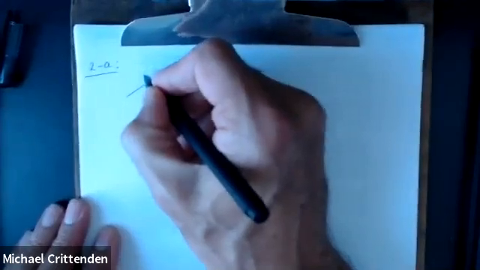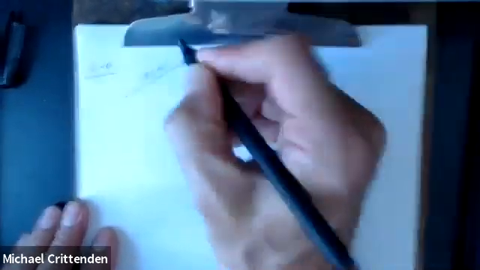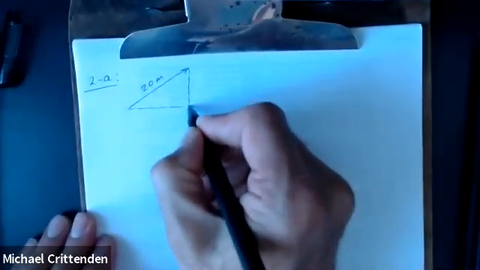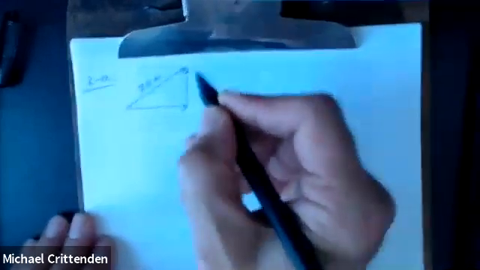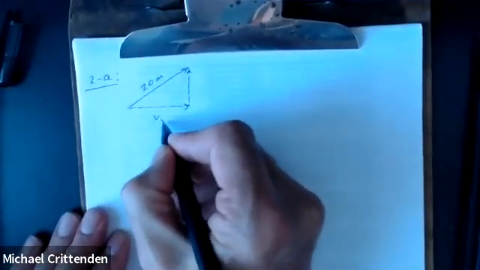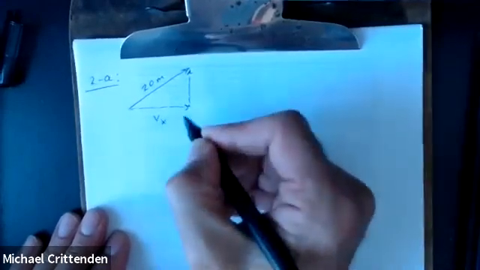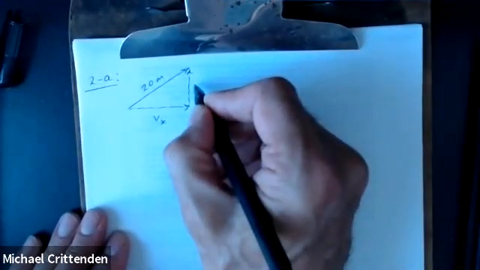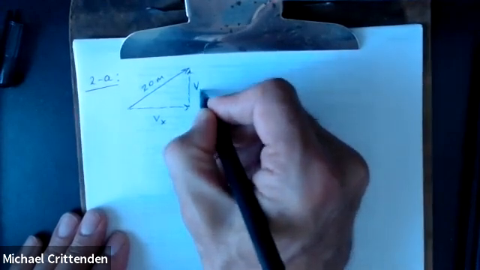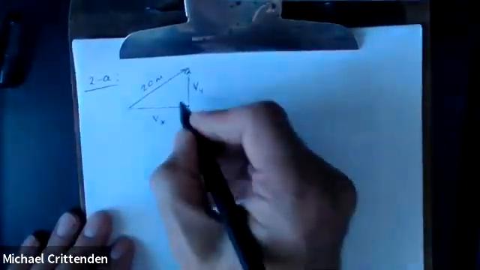So I've got the 20 meters and the X component. Its length is what I'll call Vx, V for vector, and call the Y component Vy, okay?